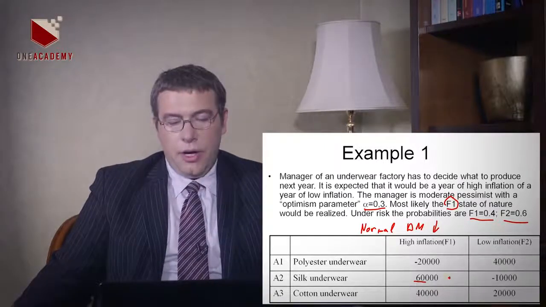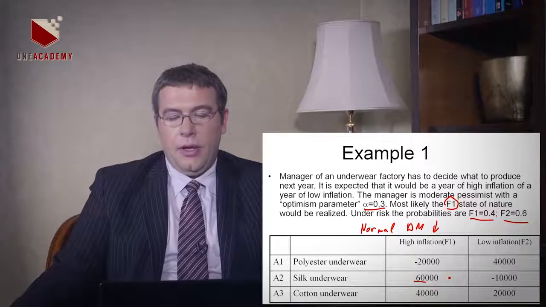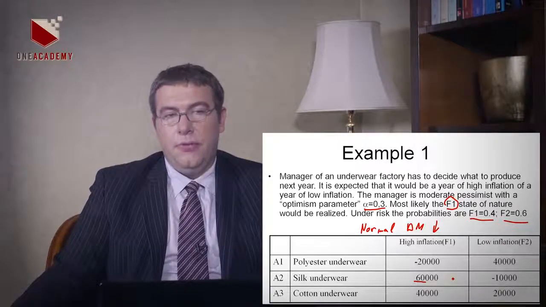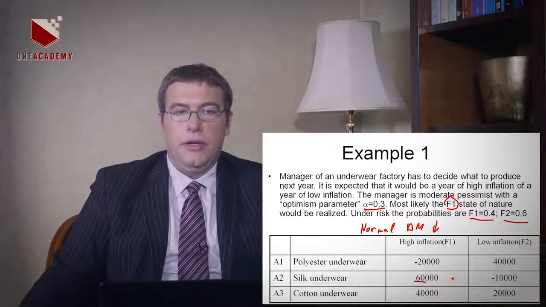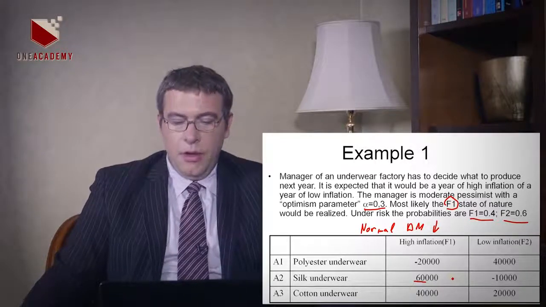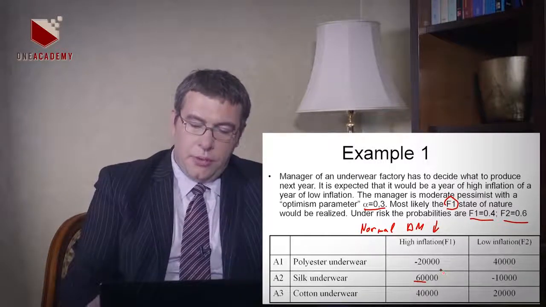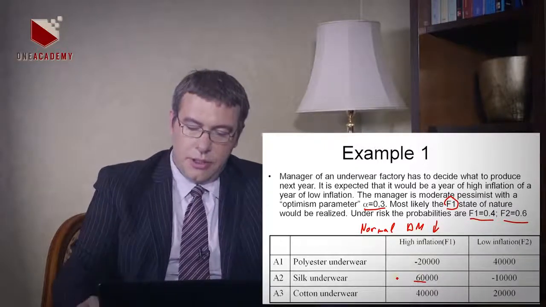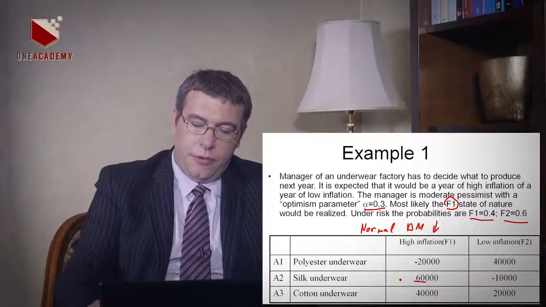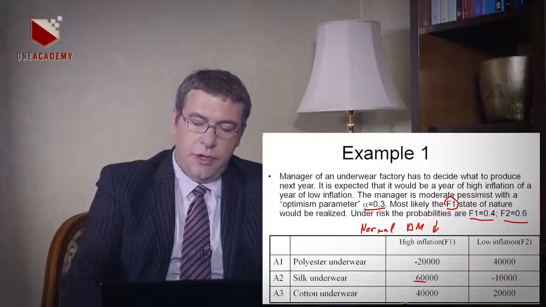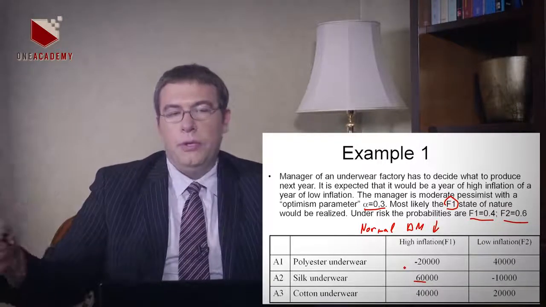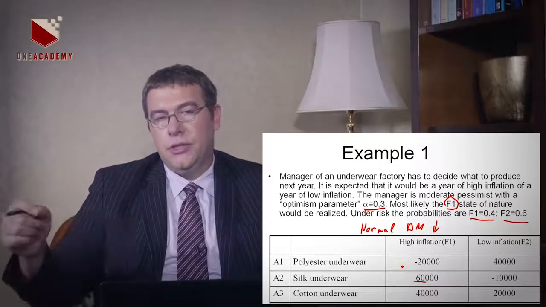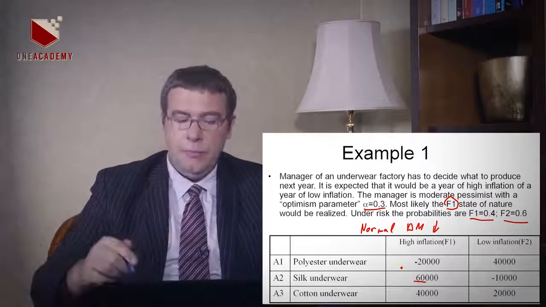When we calculate the Hurwicz criterion with the coefficient of optimism, we multiply 0.3 with the best possible outcome. The best for this alternative would be 40, by 0.3 is 12, minus 20 multiplied by 0.7, which is the residual from 0.3 to 1.